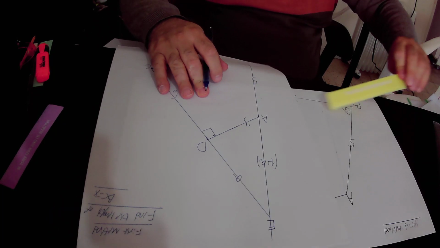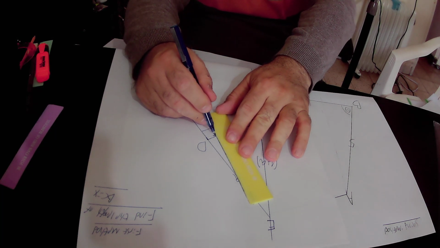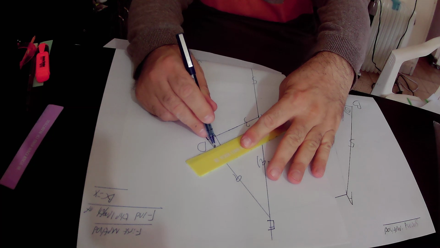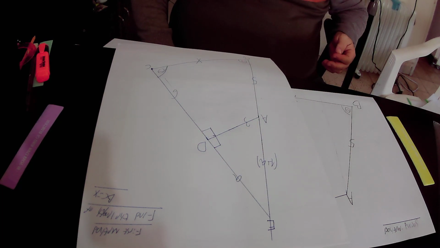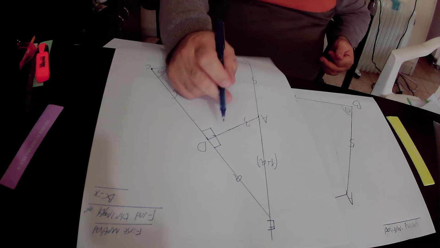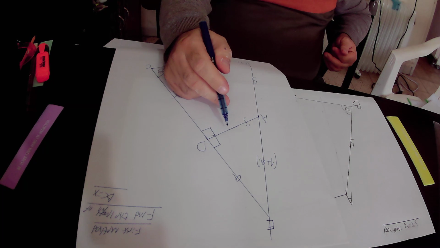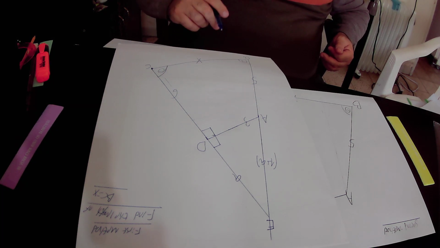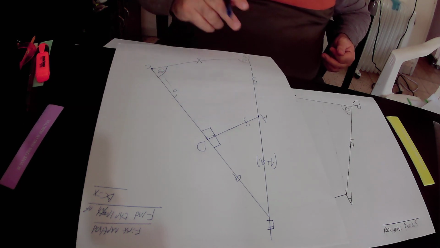This angle ADE equals 90 degrees. So if angle ADE equals 90 degrees, it means that triangle ADE is a right triangle. So we will implement the Pythagoras theorem on the right triangle ADE.